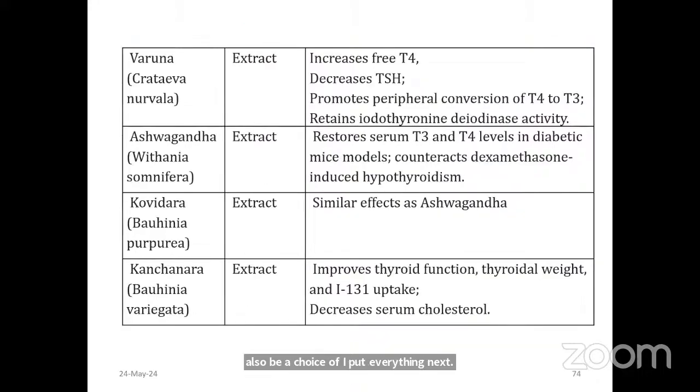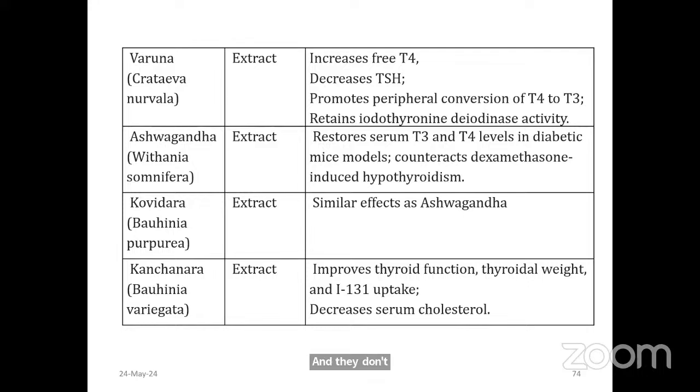Varun extract increases free T4 and also decreases TSH level. It also promotes the peripheral conversion of T4 to T3 and retains the iodothyronine deiodinase activity. So Varun is also a good choice for hypothyroidism treatment. Ashwagandha extract restored the serum T3 and T4 level in the diabetic mice model, and it counteracted dexamethasone-induced hypothyroidism.